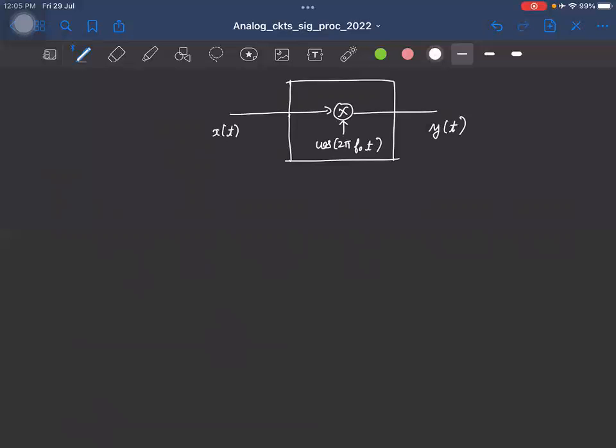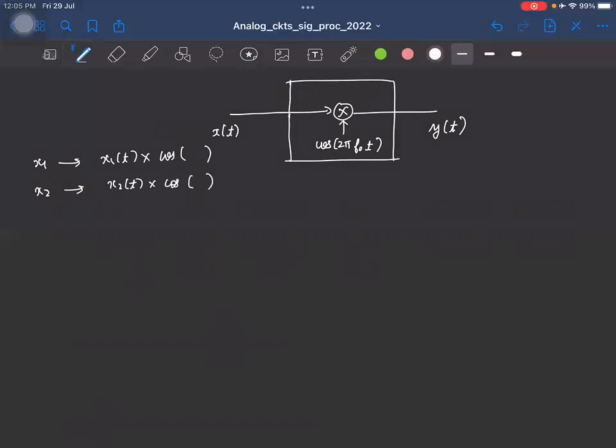Oh, no. See, what does linearity mean? When do you say a system is linear? Superposition and homogeneity, right? So I give x1, the output I get is x1 of t times cos 2 pi F0 t. If I give another input x2, I'll get x2 of t times the same cosine.